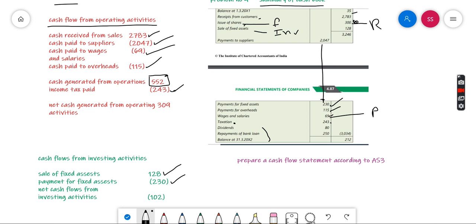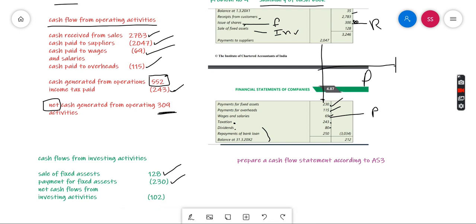After that you will get the net cash generated from operations, which is 309, right? And then dividends. They didn't mention paid or received, but this is on the payment side. As we discussed previously, this is all payment side and this is all receipt side. So this is dividend paid.